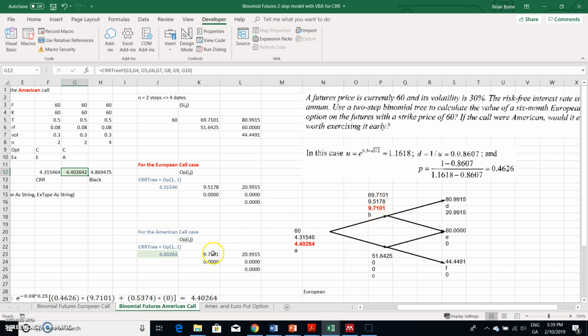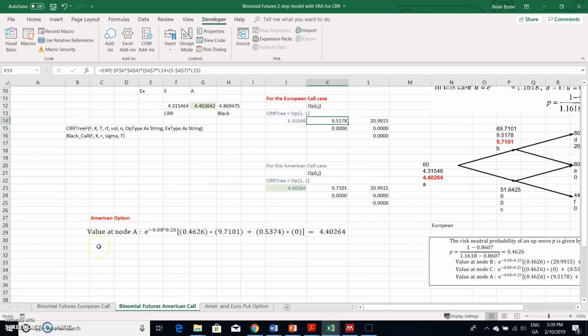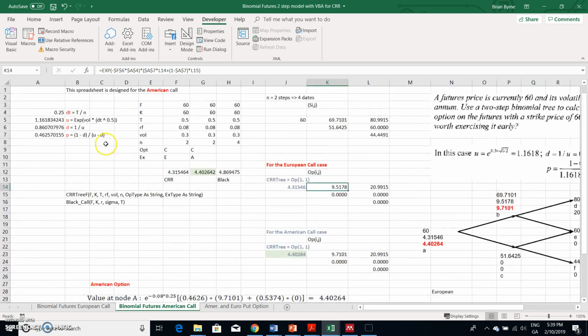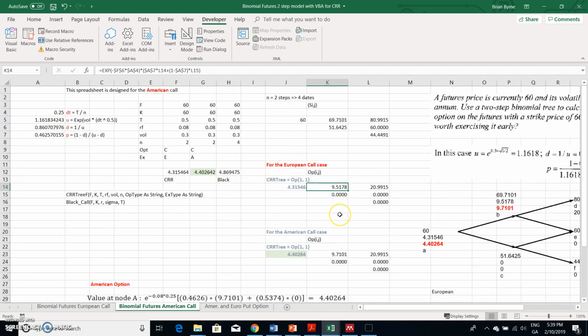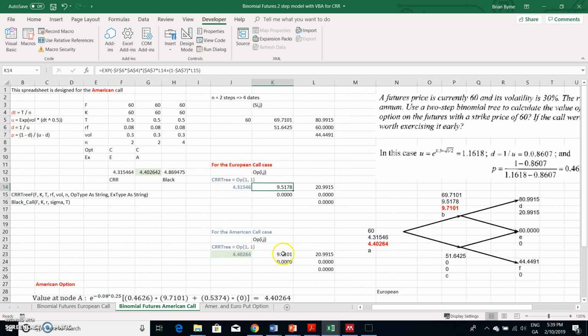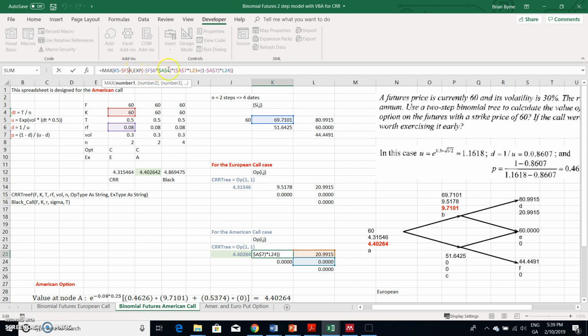Okay, so in the European option, I purely applied this function here. But for the American option, one more extra decision has to be made. Do I take the intrinsic value or the time value of the option? Do I take the intrinsic value, which is bigger?